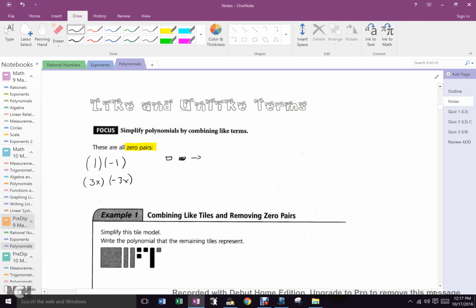What do you end up with? 0. Because the negative cancels the positive. 1, 2, 3 positives. 1, 2, 3 negatives. What do you end up with? 0. Okay? That's what a zero pair means.